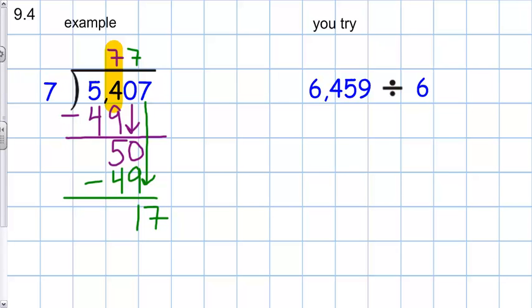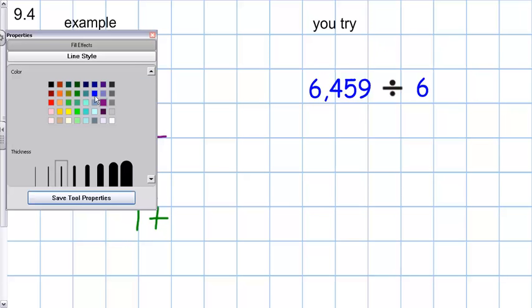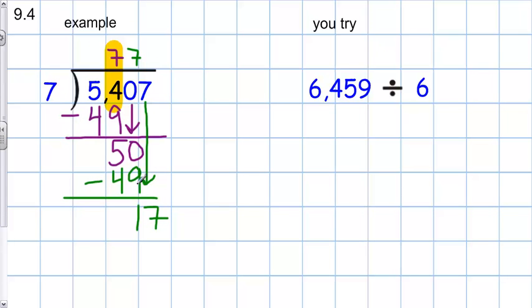So how many times does 7 go into 17? 7 goes into 17 2 times. I'll put a 2 up here. 2 times 7 is 14. That means I'm going to have 3 left over.